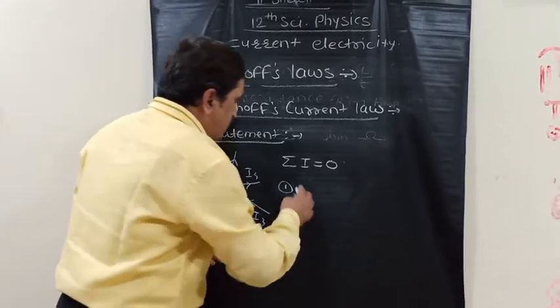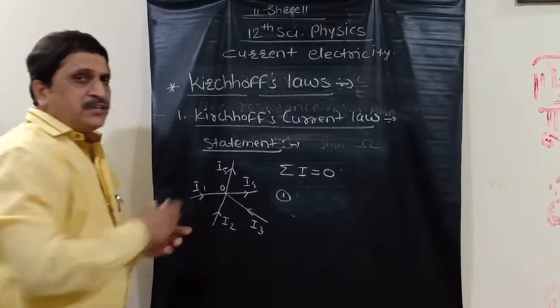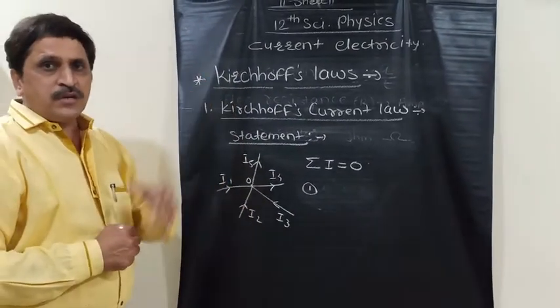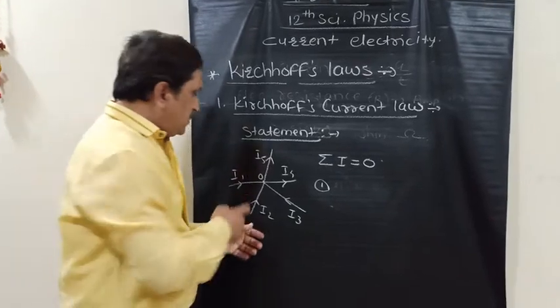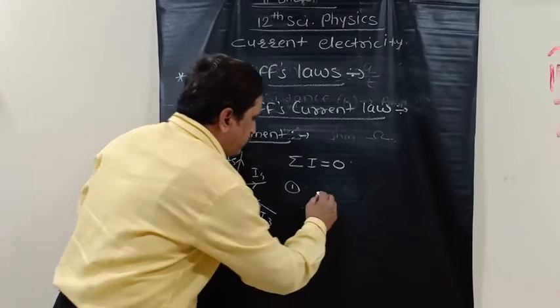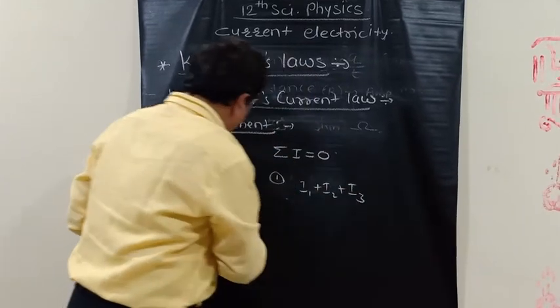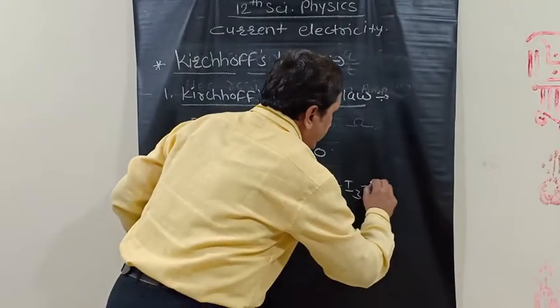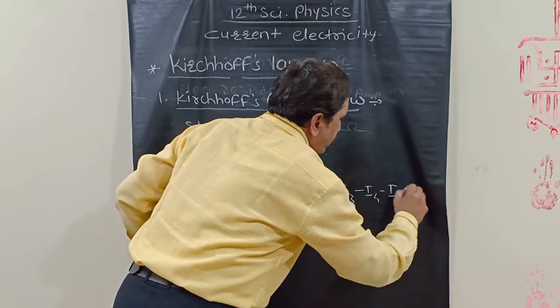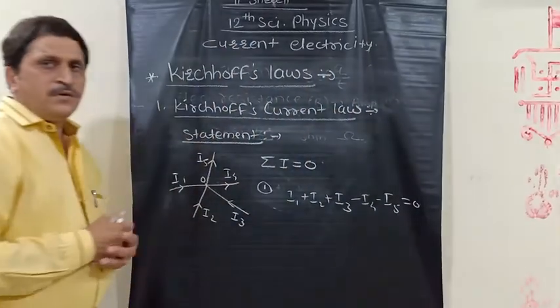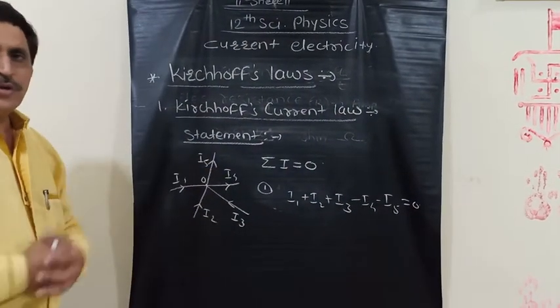From that, we can say that the total current approaching the junction is always equal to the total current leaving the junction. How? We know I1, I2 and I3 are positive currents, therefore I1 plus I2 plus I3, and these are negative currents, minus I4 minus I5, is equal to 0 according to Kirchhoff's law.